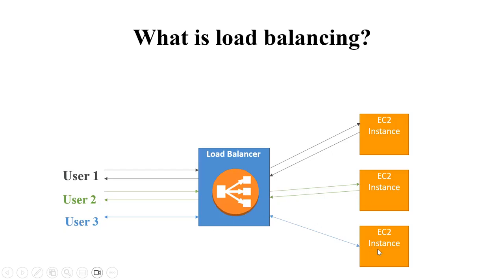Like this, with round robin, it forwards the request to the backend EC2 instance. That's the load balancer concept.